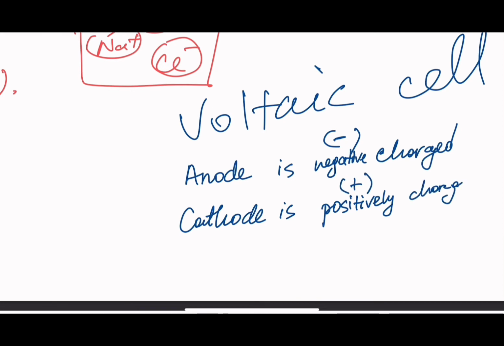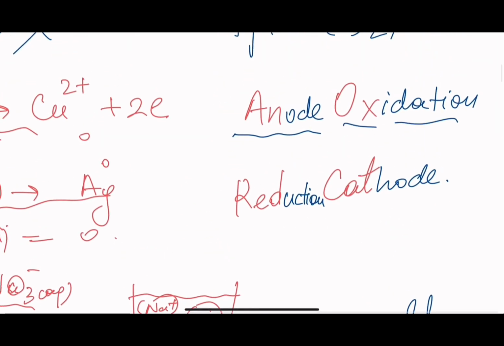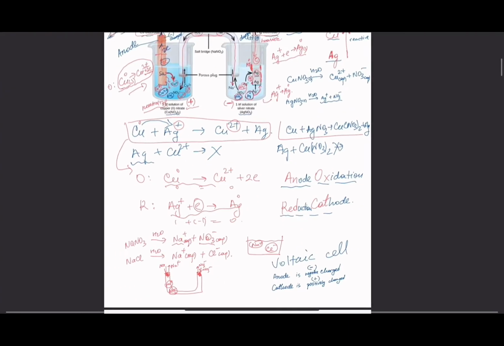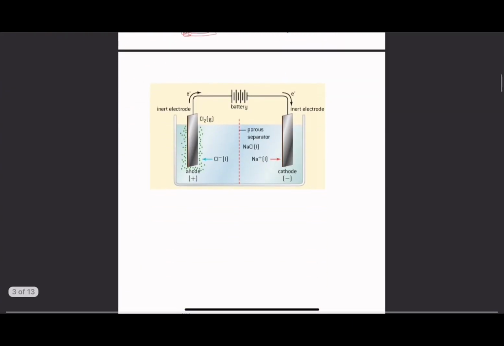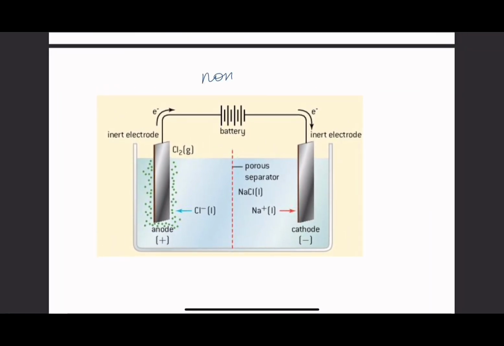You need to know this, and we know that the anode is where oxidation happens and the cathode is where the reduction happens. Okay, so now we're going to move into electrolytic cells. Electrolytic cells are meant for non-spontaneous reactions.